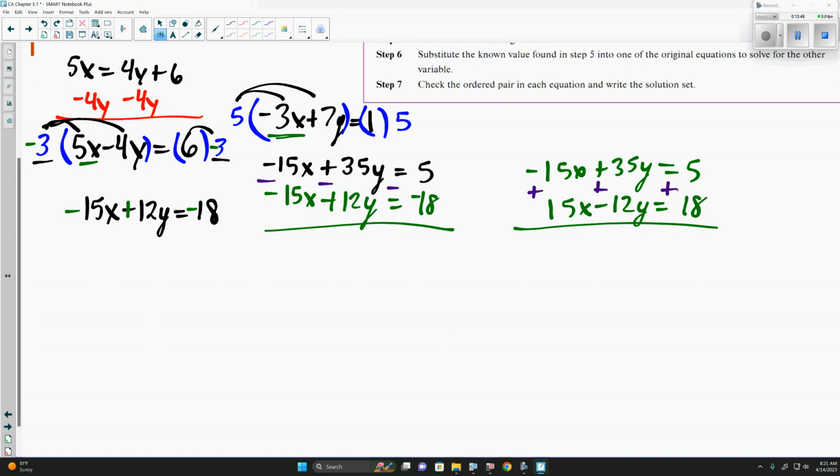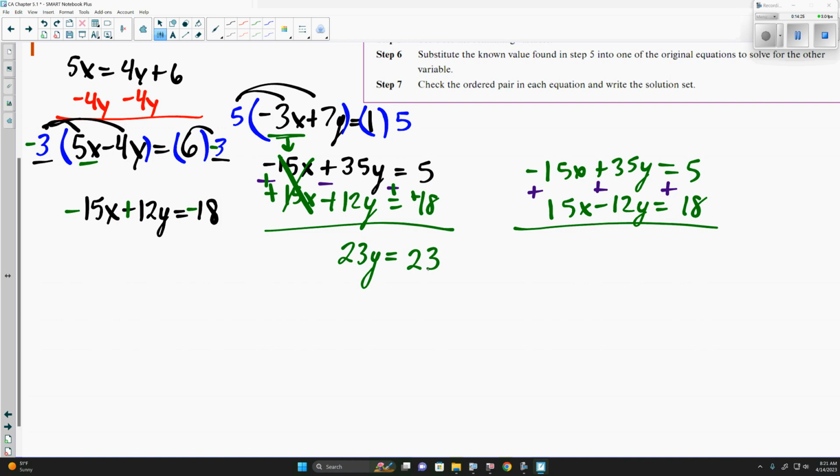So that's why sign doesn't make a whole big difference, because I try to get the numbers to be the same, put them over the top of each other, and go from there. So if the signs of what we want to cancel are the same, we're going to subtract. Because negative 15 minus negative 15, well, the negative would make a plus, and that would indeed give us 0. The next one, 35 minus 12, is going to be 23y is equal to, well, negative and negative makes a plus. 5 plus 18 is 23.